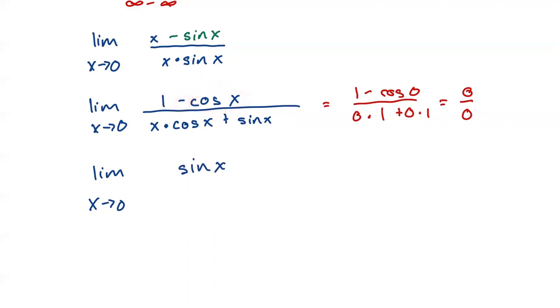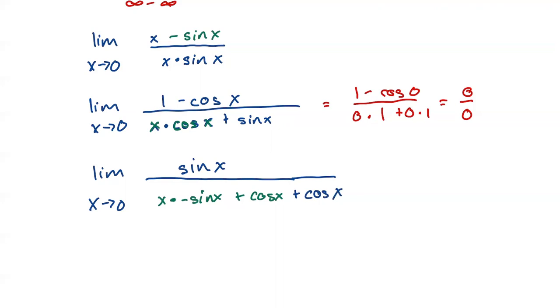The two minus signs are positive. Product rule here again in the denominator. So with this x cosine of x, I'm going to need to use the product rule. First times the derivative of the second plus the second times the derivative of the first, which is 1. Then the derivative of sine is going to be cosine of x.